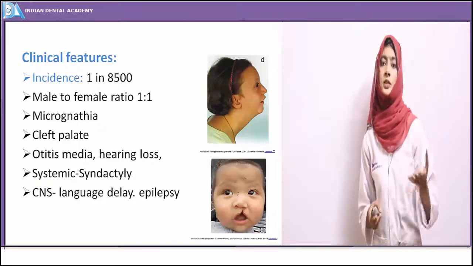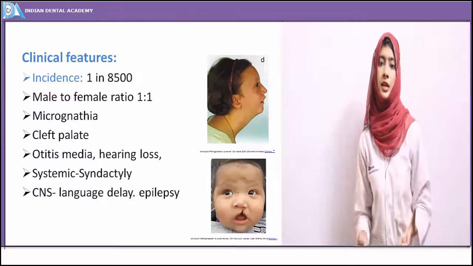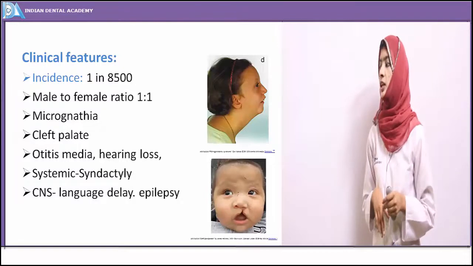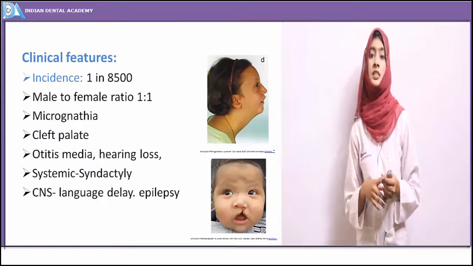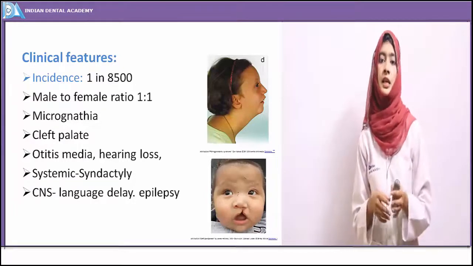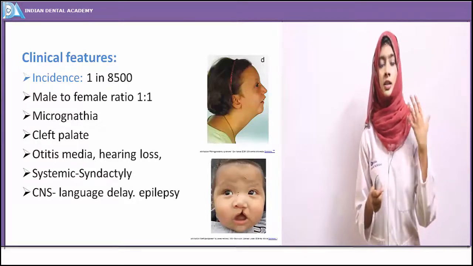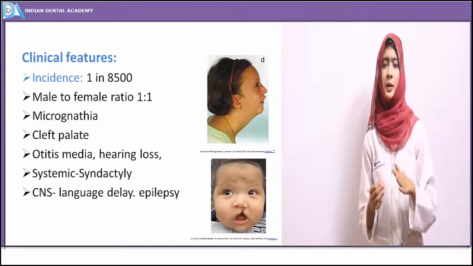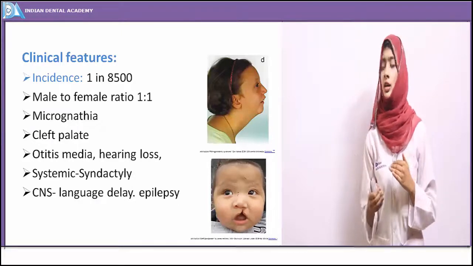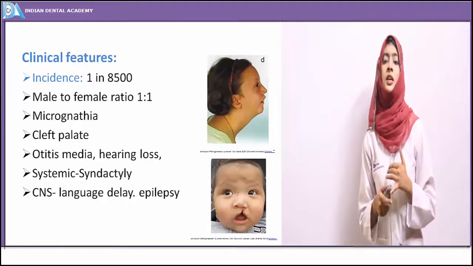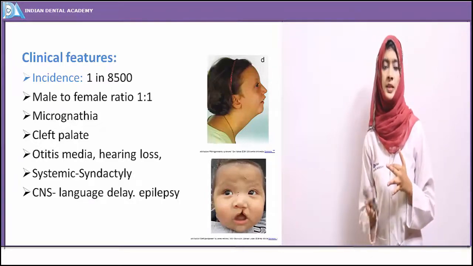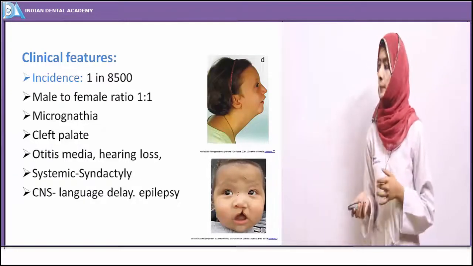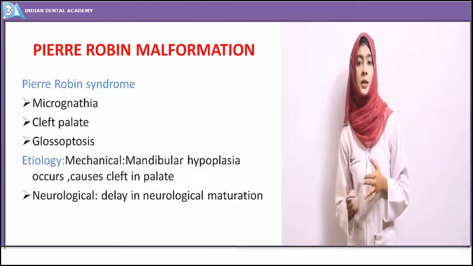Pierre-Robin is sometimes associated with skeletal manifestations like syndactyly, a fusion of digits, and CNS defects like developmental delay in speaking and growth of the child. Some difficulties are encountered in growth, like language delay. The child may understand the language but may not speak it. Epileptic seizures are also seen more commonly. So that's Pierre-Robin malformation.